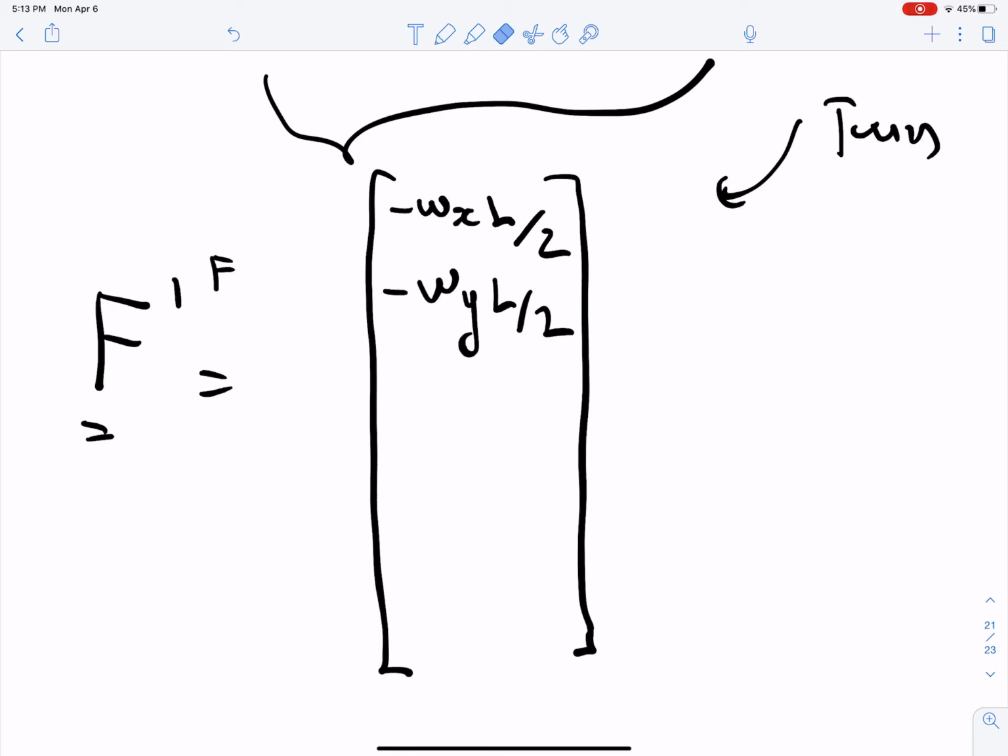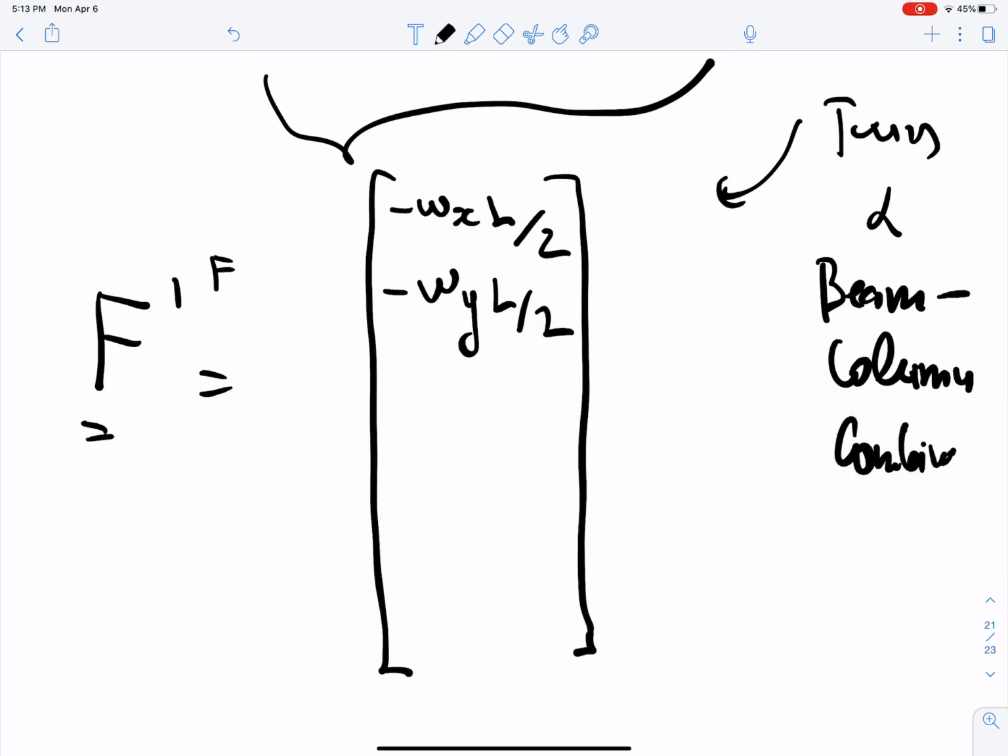So truss and beam column combined. So Wx ends up acting in the x direction, Wy in y.